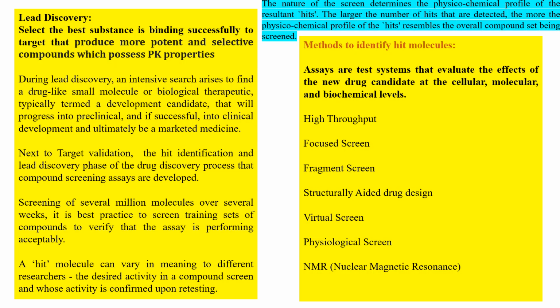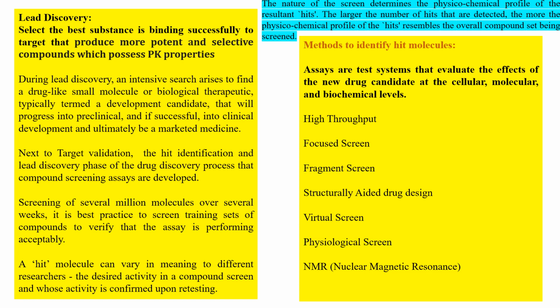And the next step after target identification and target validation is lead discovery. Lead discovery is, initially we start with 10,000 compounds, and from those we select some thousands or hundreds of compounds, and out of those hundred we have to select the one that binds very effectively to the target, and how it produces a response, that is the pharmacokinetic properties.